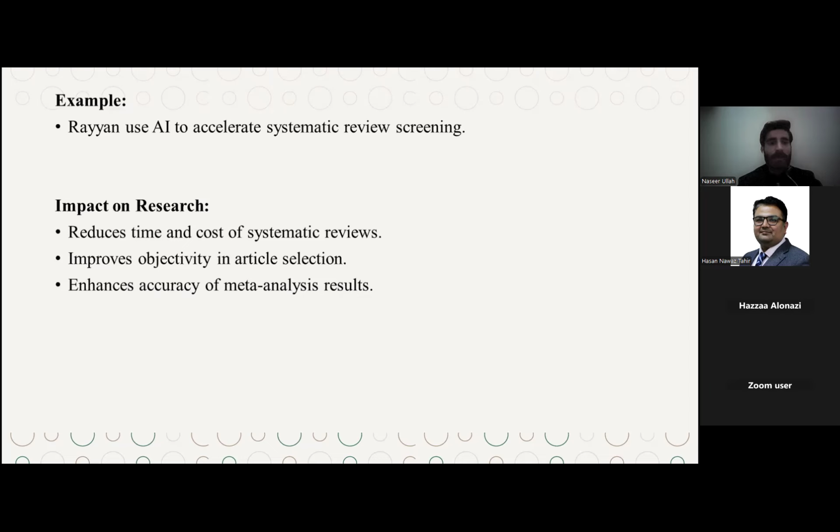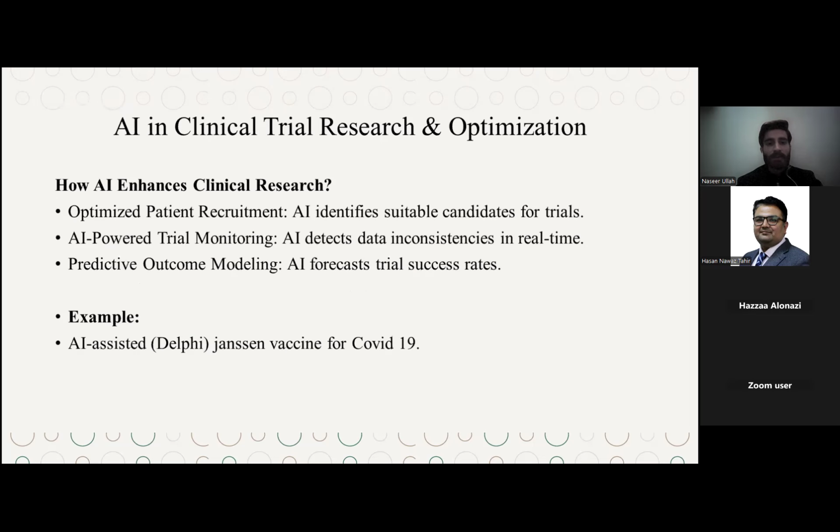An example is Rayyan, which uses artificial intelligence to accelerate systematic review screening. Impact on research: reduces time and cost of systematic reviews, improves objectivity in article selection, enhances accuracy of medical meta-analysis results.